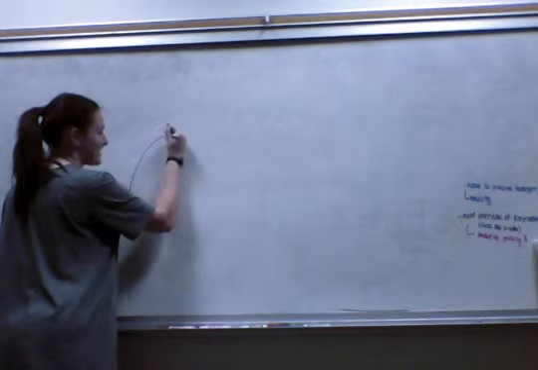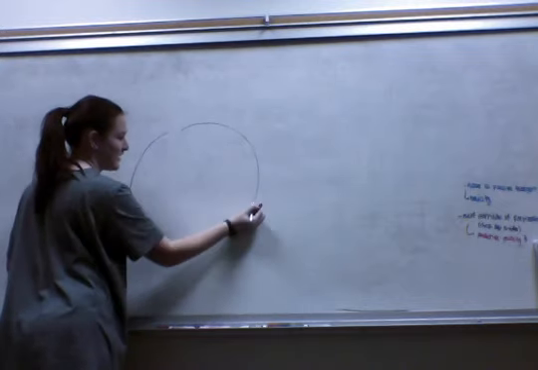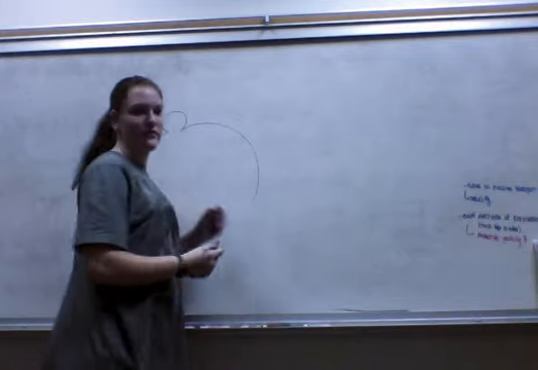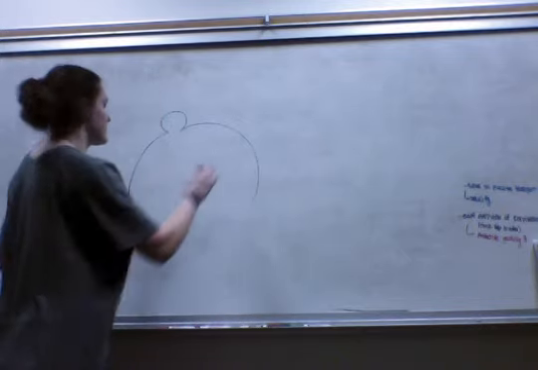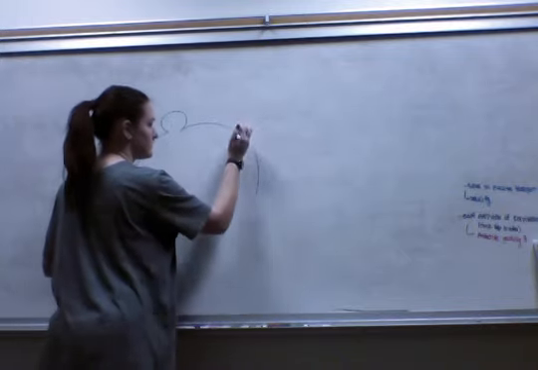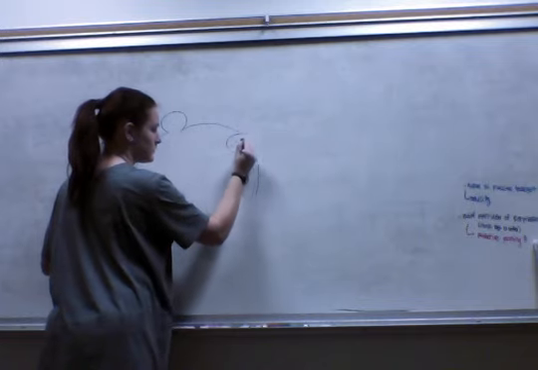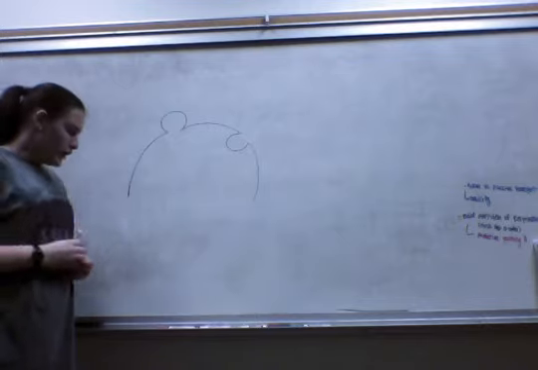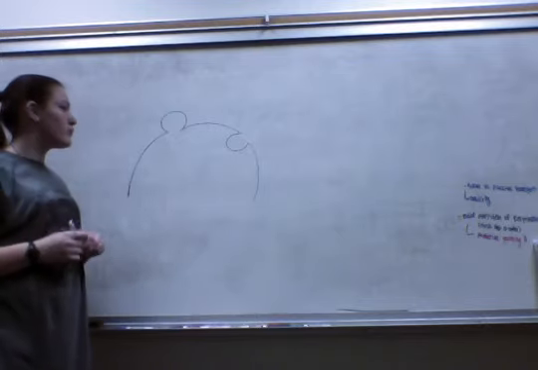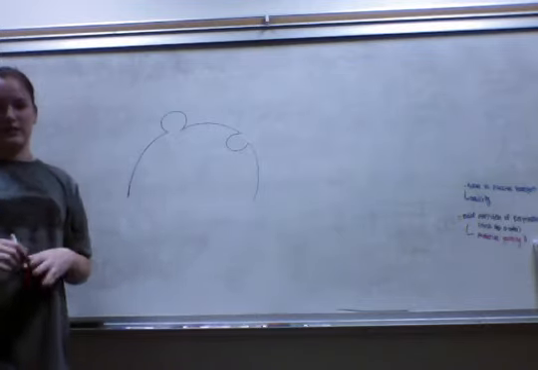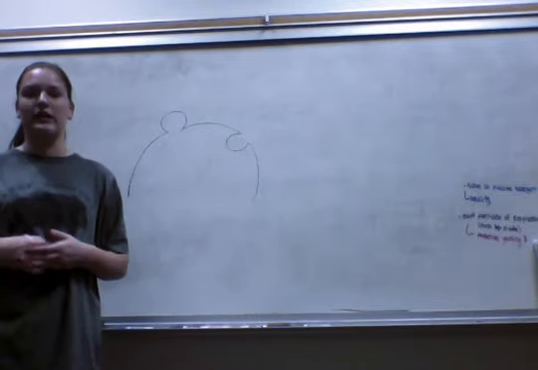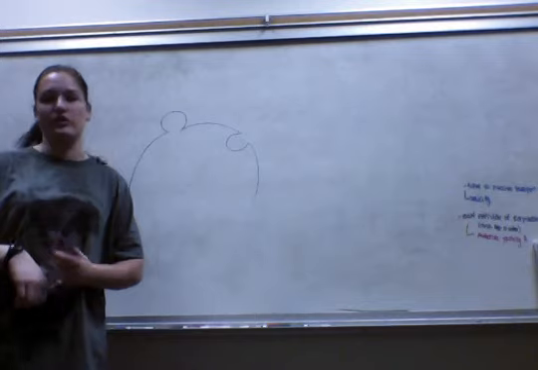So you've got your exocytosis, and then you'll have your endocytosis. Here's what's going to happen with exocytosis. You're pushing something out of the cell because you don't need it anymore, or it needs to go somewhere else.